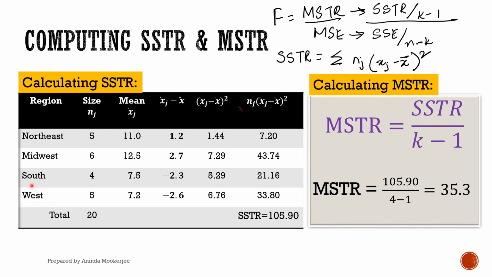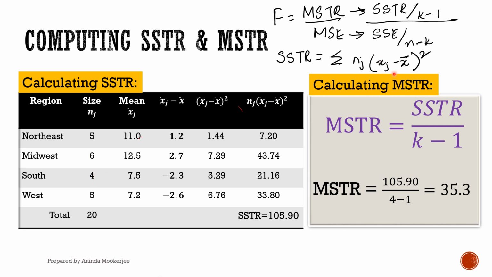So we have in the first column in the table the regions listed, and then in the next column we have the related sample sizes, and j tells us which sample size we are talking about. Since we have Northeast first, n sub j would be n sub 1, and then Midwest would be regarded as n sub 2, n sub 3, and so on. All right, so j essentially just indicates which particular sample size we are referring to.